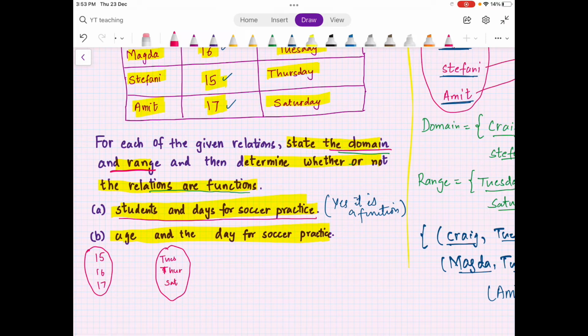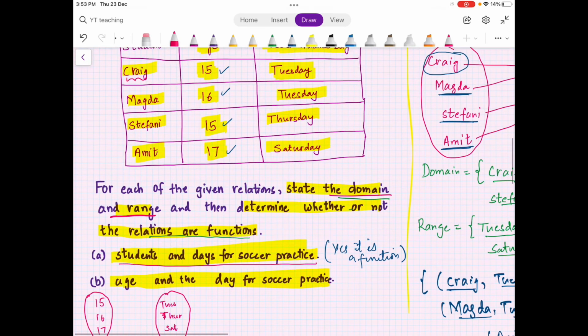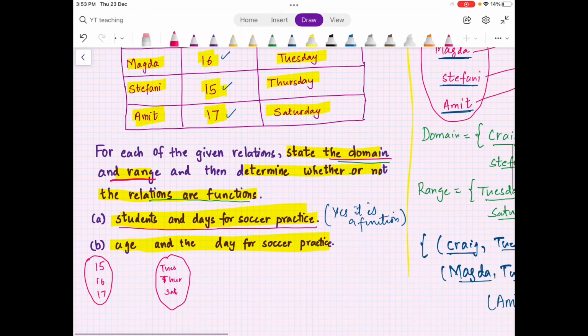If we look at Craig, he's 15 and he goes on Tuesdays. Then Magda is 16 and it's again Tuesday, and Stephanie is 15 and it's Thursdays. And then Amit is 17 and it is Saturday. Now, what is the domain? Domain here is the set of independent variables, that is 15, 16 and 17. And what is the range?